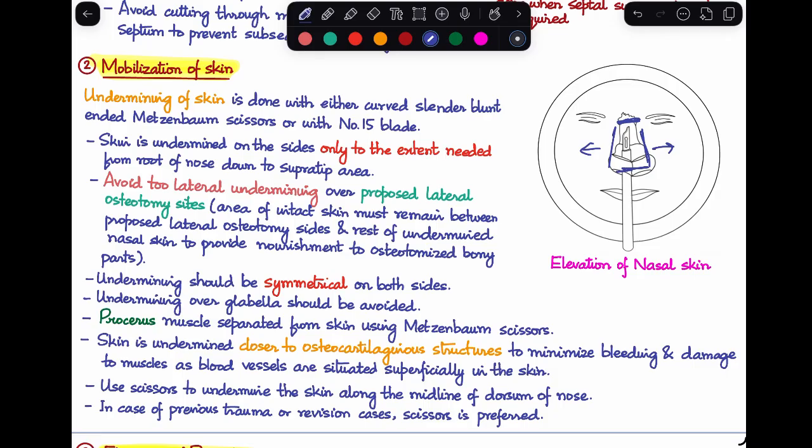So we will not go too laterally over the site where we are thinking of giving the lateral osteotomy incision. And it is also important that the undermining of skin that you do is symmetrical on both sides.